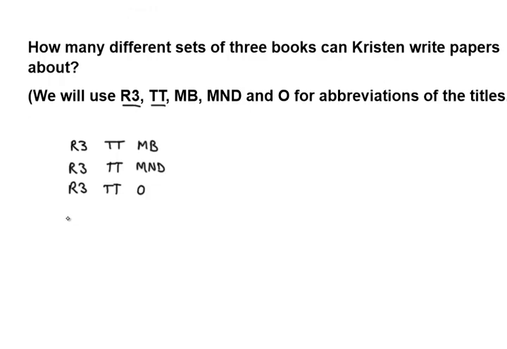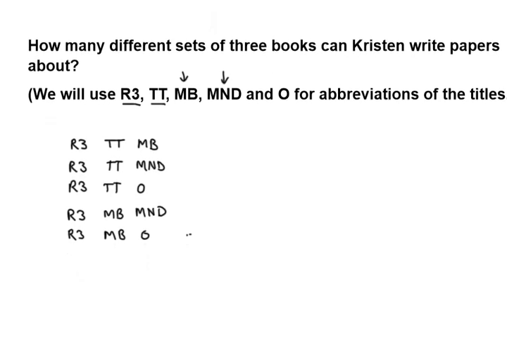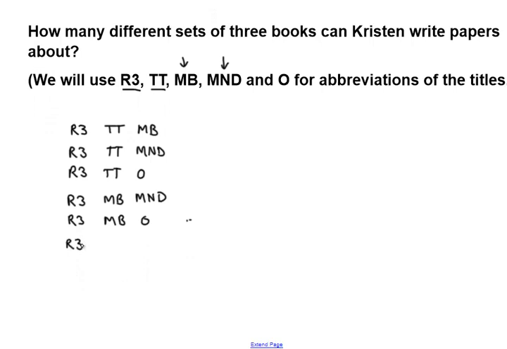Okay. Then we could start out with Richard III, and we can move on over to Macbeth next. And we could read A Midsummer's Dream. Or we could do Richard III, Macbeth, or Othello. Okay, so that's if I went to that one next. Now let's say I went to A Midsummer's Night Dream. I could do Richard III, A Midsummer's Night Dream, and then I could do Othello. And that is my only combination.